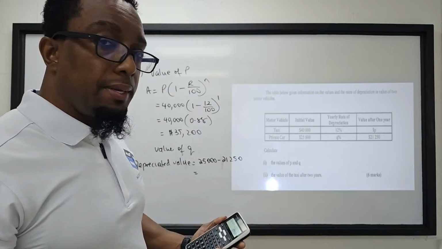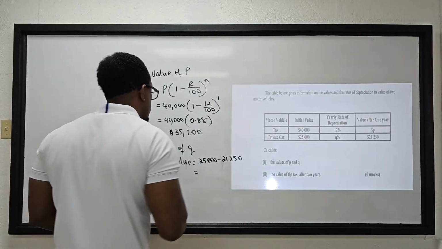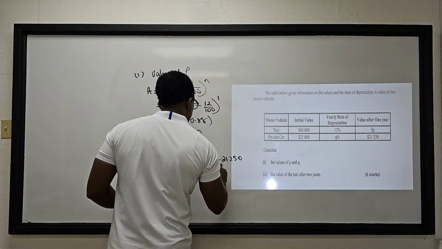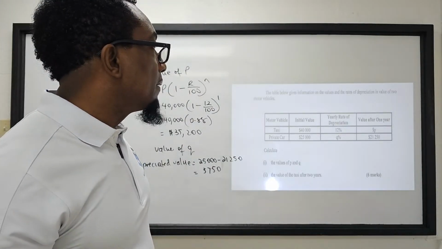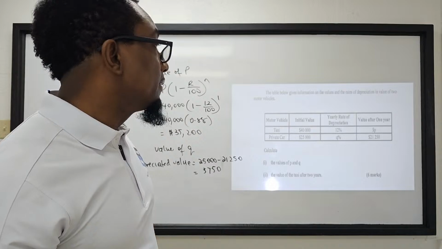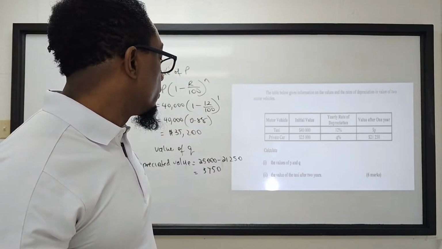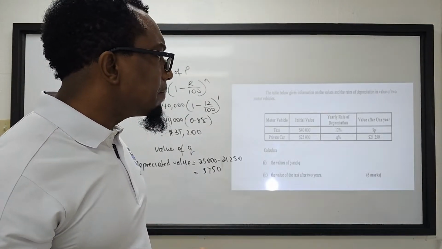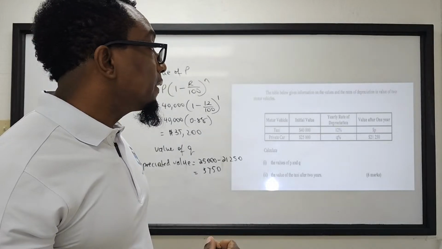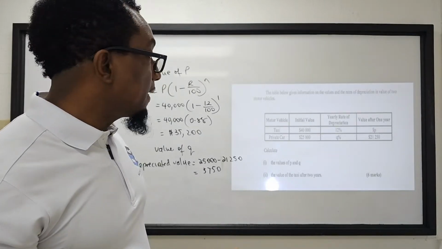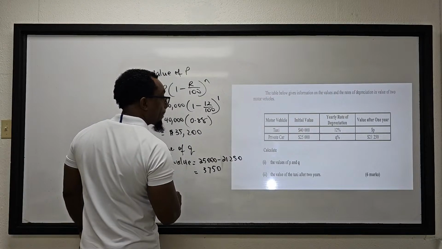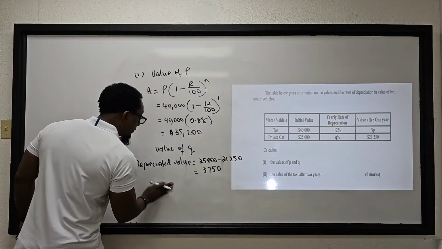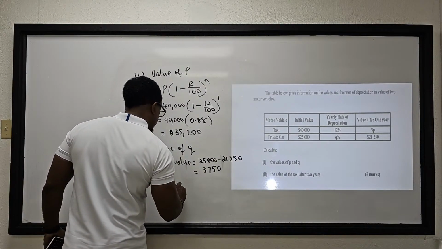So let's subtract $21,250 from 25,000, which is $3,750. That's how much you depreciate by. So that amount will equate to 100%.